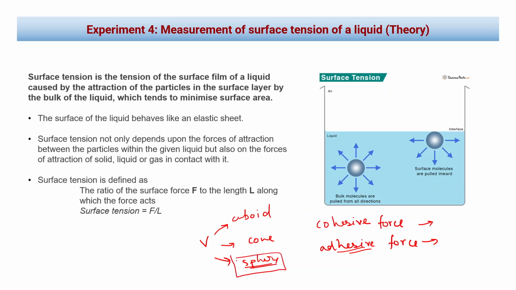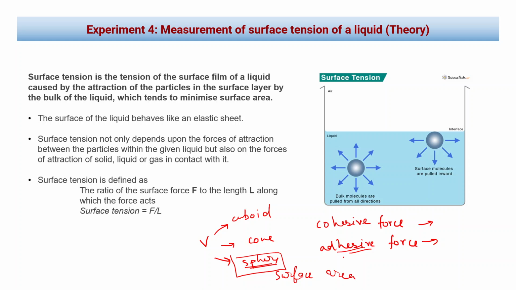We can calculate this and see that it is a true fact, that when the mass or volume of a body is in the form of a sphere, its surface area is minimum, and the corresponding surface area energy of the material will be minimum.